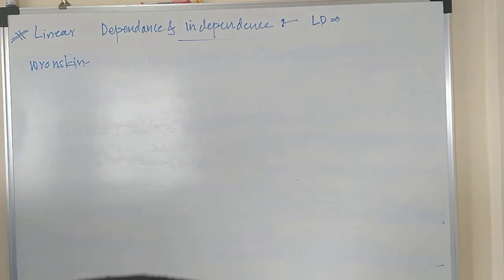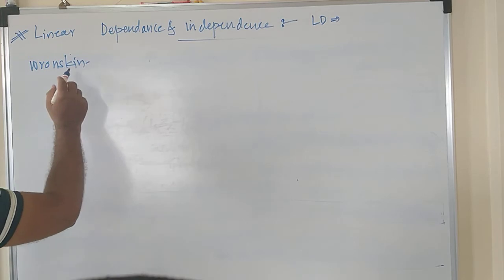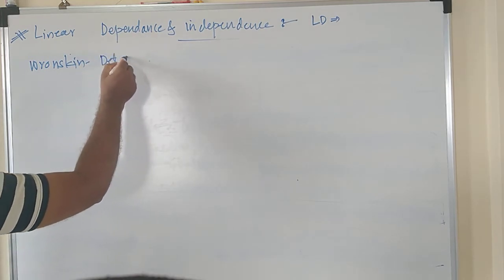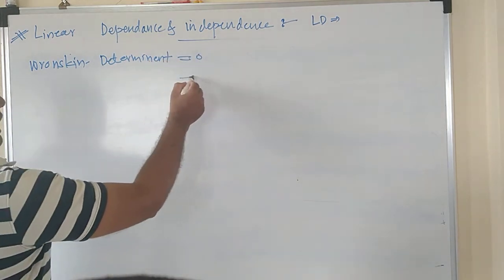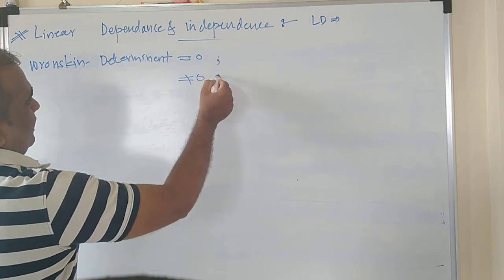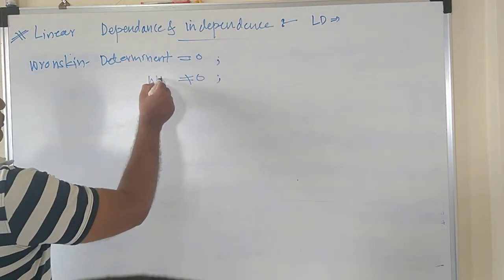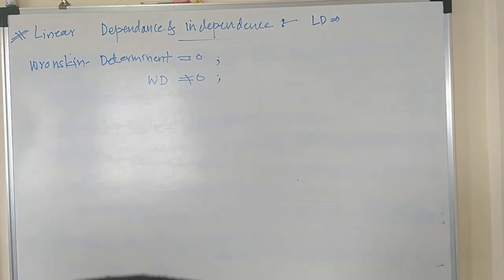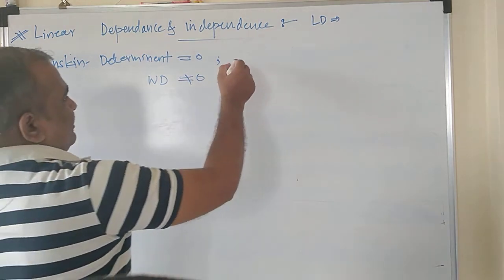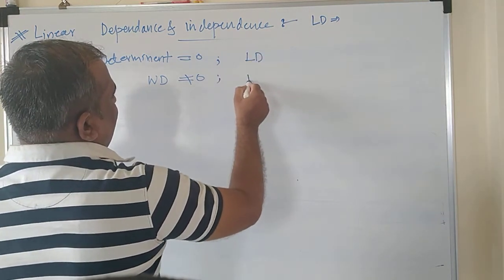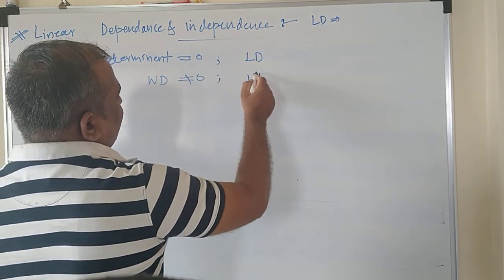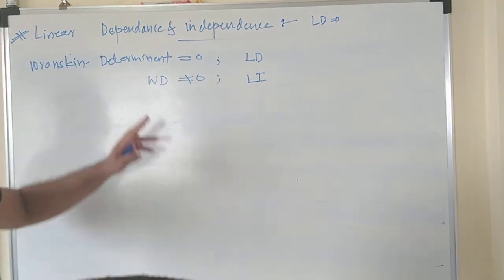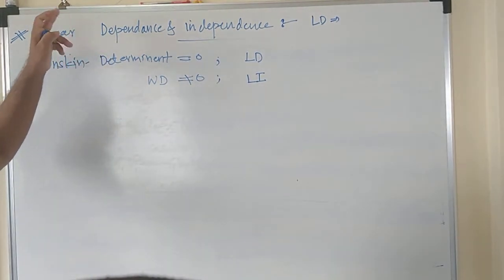If the Wronskian determinant, I will use the short form WD, that means the Wronskian determinant, is equal to 0, then the vectors are said to be linearly dependent, and if not equal to 0, linearly independent. Exactly the opposite case to the case that we have just studied.